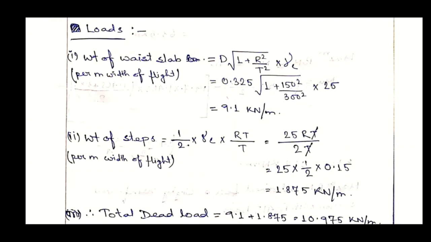Now the weight of steps. In this part we have to calculate the weight of the steps, that is equal to half into gamma c into R into T by T. Gamma c is the unit weight of RCC, R is the riser, and T is the tread. So this is equal to 25 R by 2, that is equal to 25 into half into 0.15, 0.15 is the riser, that is equal to 1.875 kilonewton per meter.